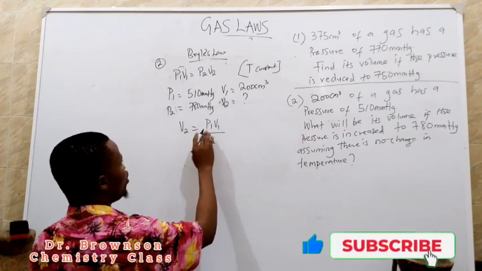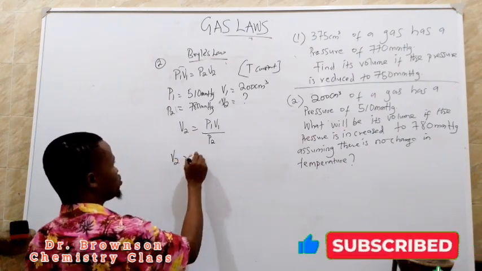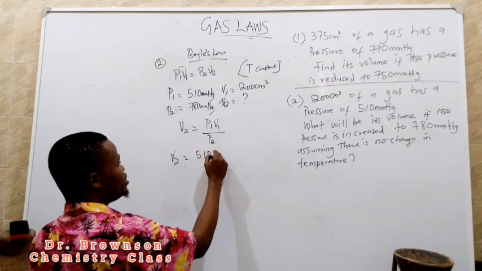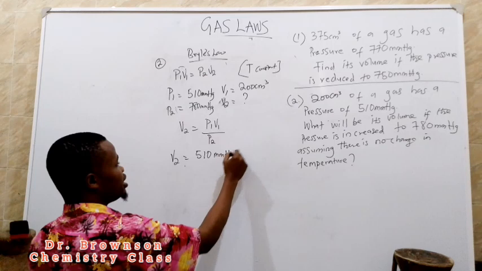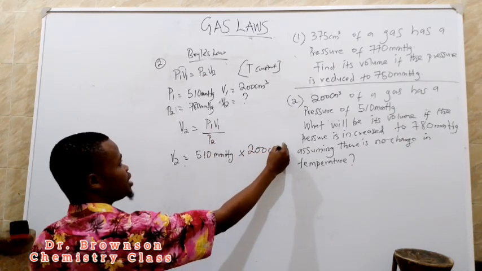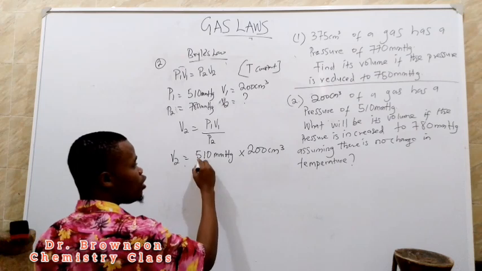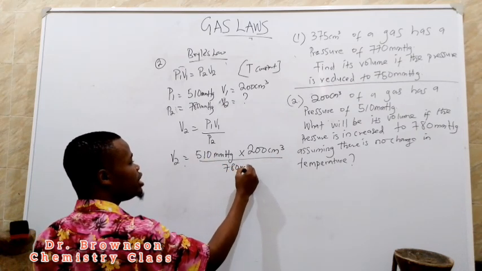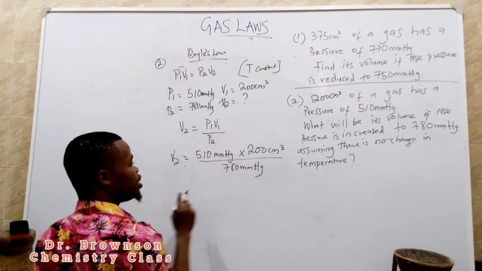So you have your V2 to be your P1, which is 510 millimeter mercury, times V1, which is 200 centimeter cube, all over 780 millimeter mercury.